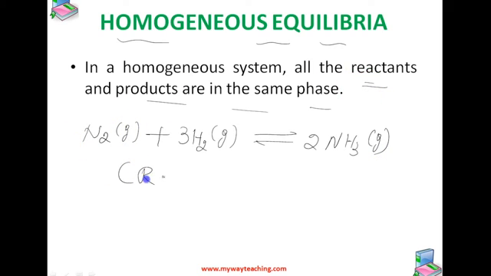These are called reactants and this is called the product. So all are in the same gaseous phase. This is called homogeneous equilibria.